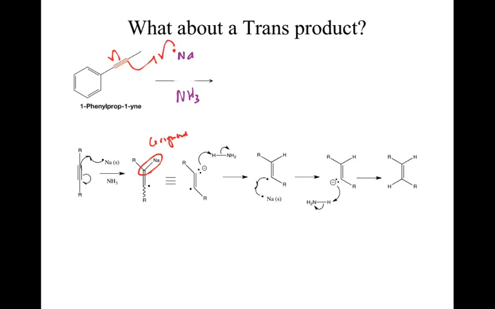It's not the Grignard, so don't call it that, but it's kind of like that in that we have a carbanion. That is now stupidly basic, and it can deprotonate the solvent, the ammonia. That can happen a second time, and we've got our full reduction.